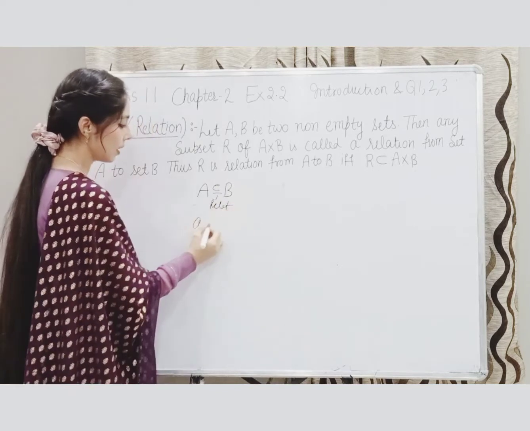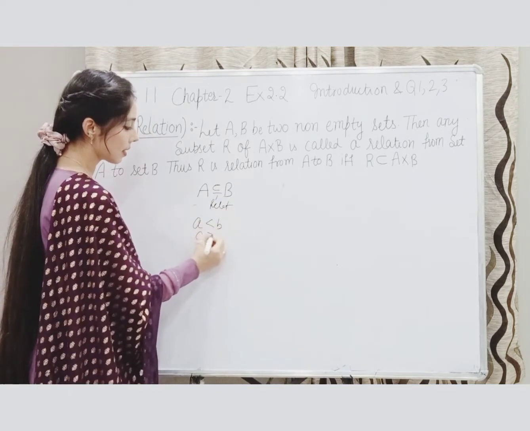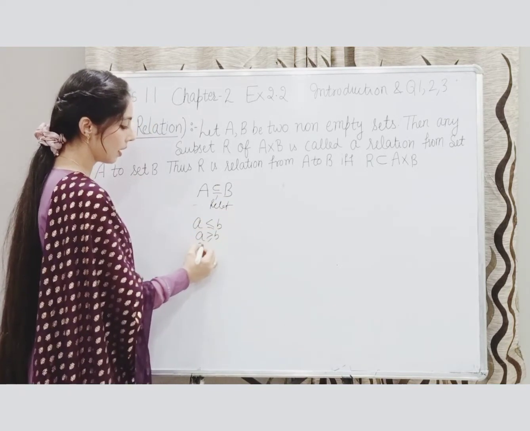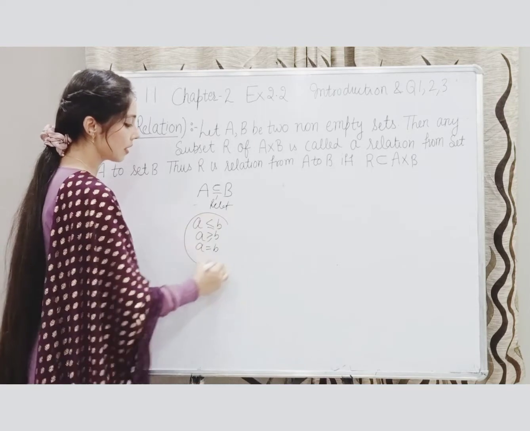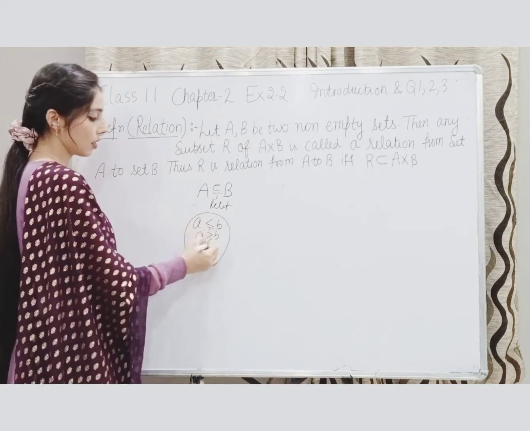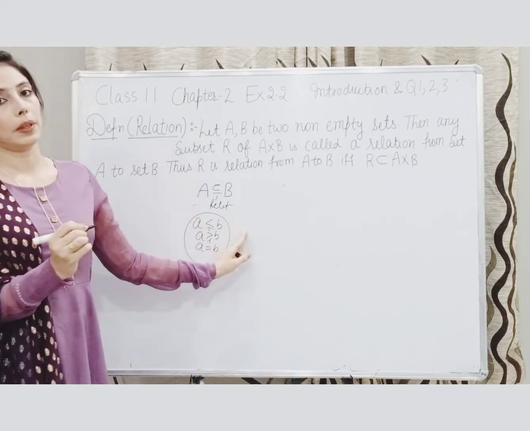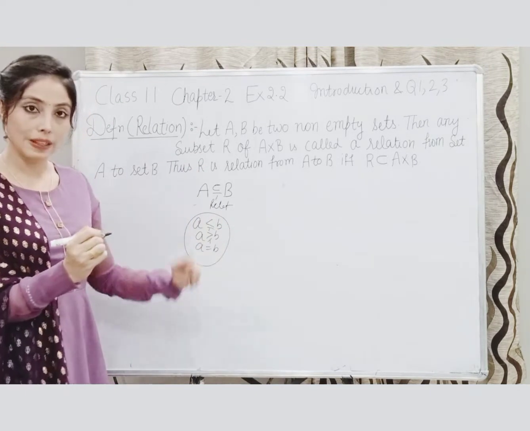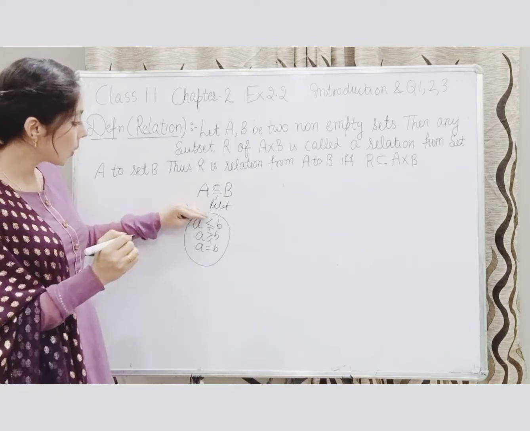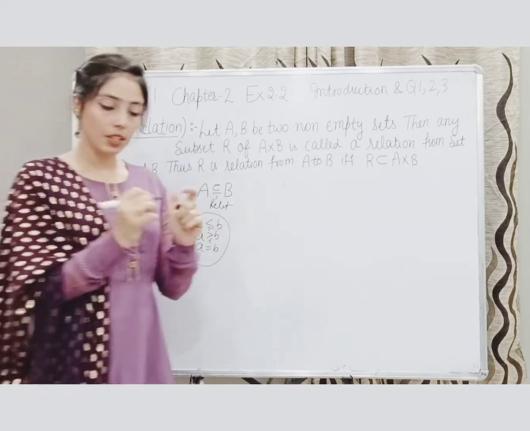A is less than B, A is greater than B, A is equal to B. These are called relations. What is the relation between A and B? A is smaller than B, less than or equal to B. So these are called relations.